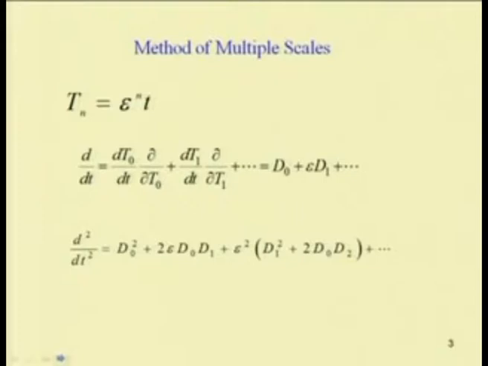In the method of multiple scales, we have taken different time scales, and these time scales are written in this form: T n equal to epsilon to the power n t, where epsilon is the bookkeeping parameter and t is the time.